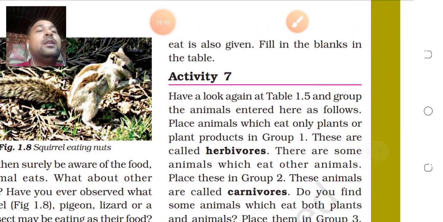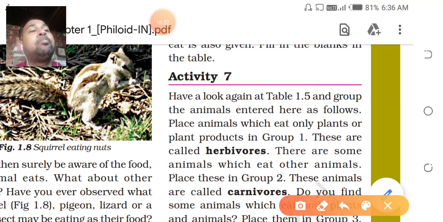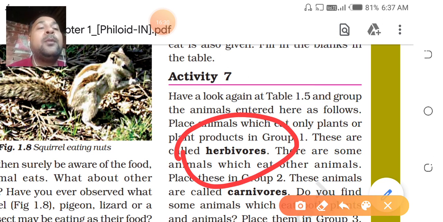In this, animals are divided into 3 categories by their eating habits. If animals take only plants or plant products, they are called herbivorous. Herbivorous means those animals who take only plants and plant products.